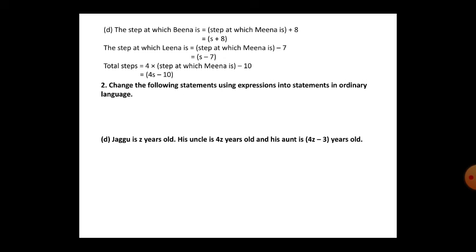Meena's step is a variable s. So by taking that s, you need to find Beena, Leena, and total step. Beena is 8 steps forward, so s plus 8, forward means addition. Leena is 7 steps behind, behind means less, so s minus 7, you are subtracting there.